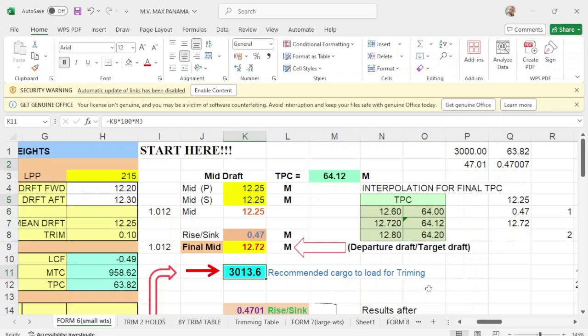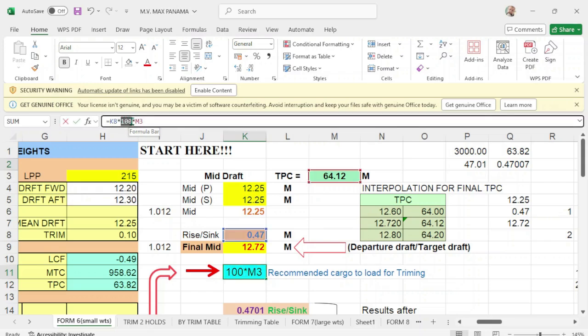The remaining cargo to load will be K8, this letter K and 8, that is sinkage times 100. Okay, let's put it this way.